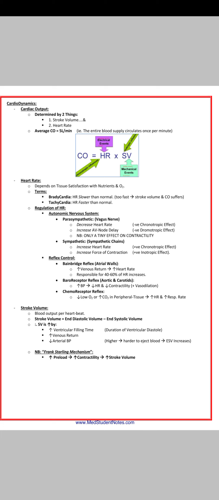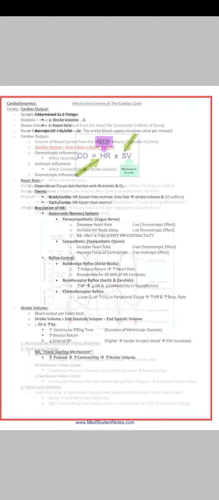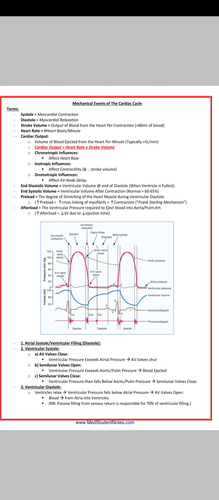Next is the Frank-Starling mechanism. We discussed the Frank-Starling mechanism in the last point. It is preload. What is preload? Preload means the ventricular myocardium is relaxed and the muscles are stretched.